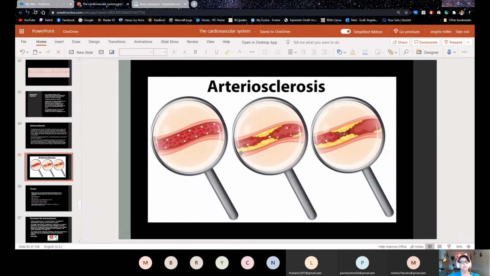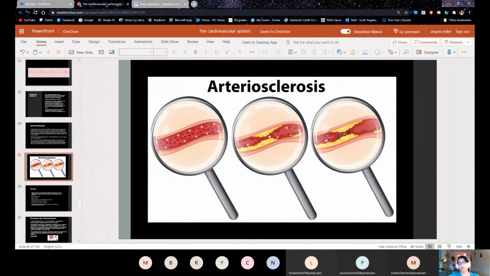With arterial sclerosis, over time, fat and plaque can build up and start invading the walls of the artery. And instead of blood moving and flowing freely and having nice elastic arteries, we start having a blockup, congestion on the freeway, and those vessels aren't as flexible as they should be.